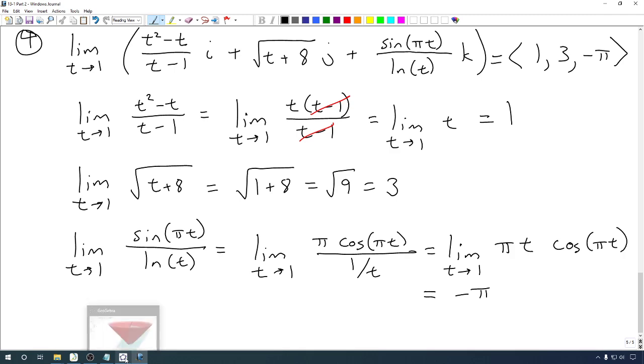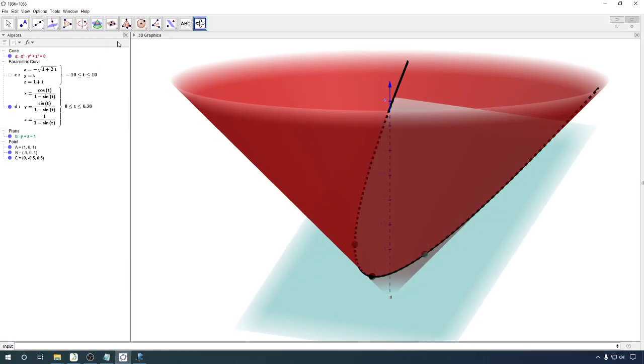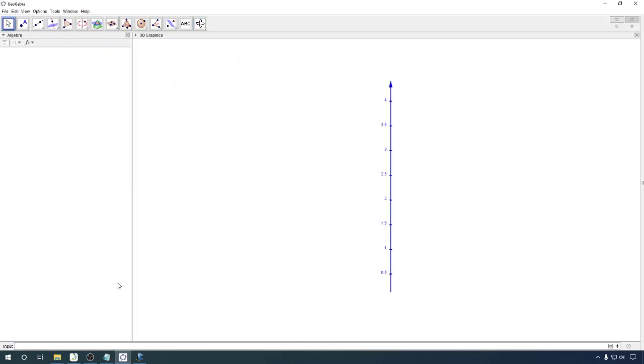So let's actually plot these points. We've got a fairly complicated expression for this. We have the curve, where our first part is t squared minus t over t minus 1.